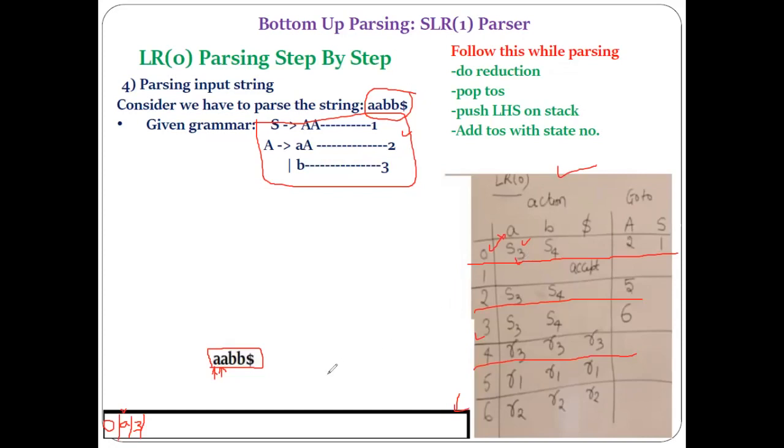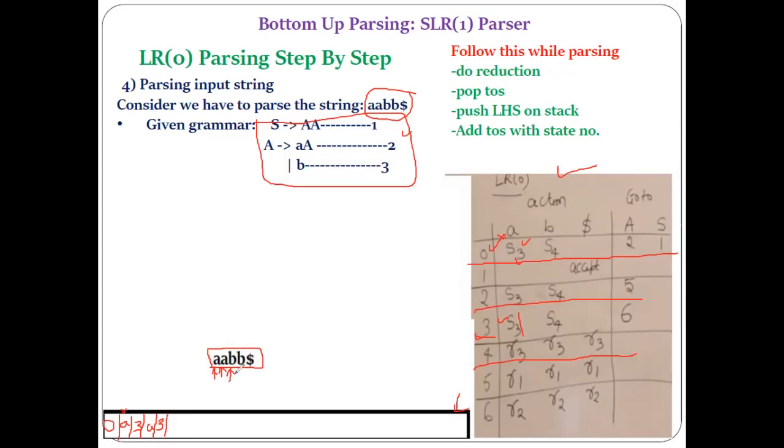S3 means a shift move with state number 3, so we make the entry 3 here. Now state number 3 on A again gives a shift move on terminal A, so we make the entry A with state 3 on the stack. Then, when you perform the shift move, increment the pointer.